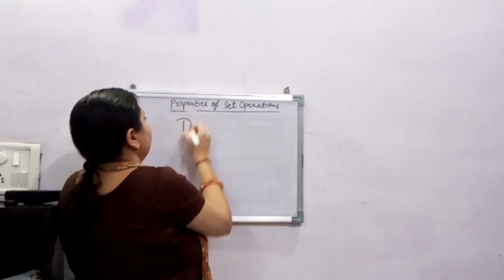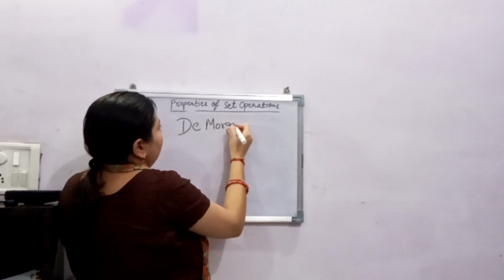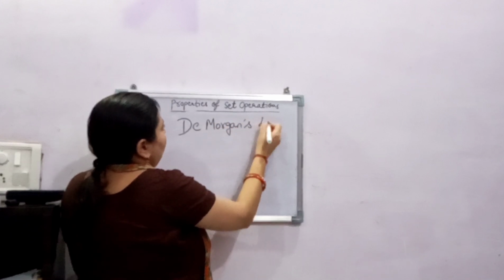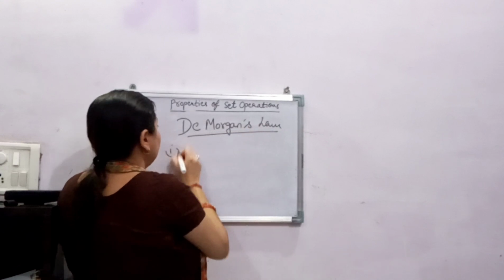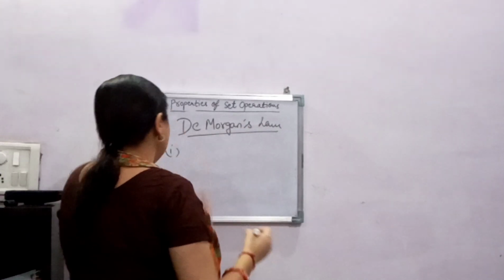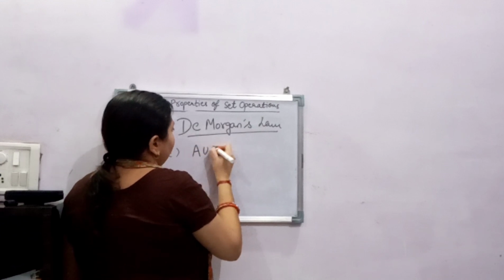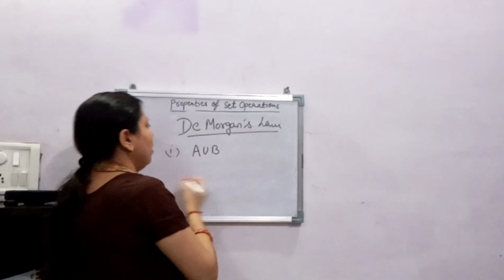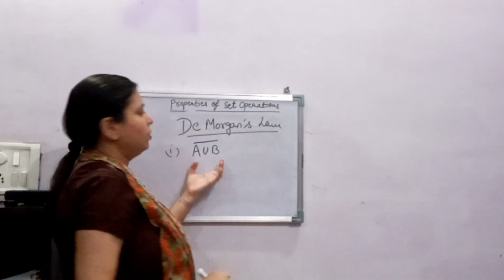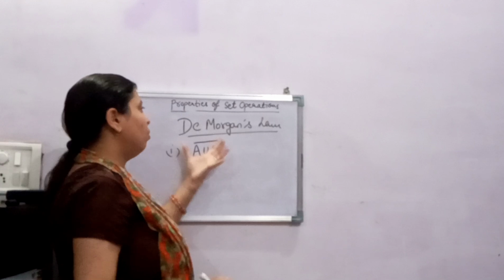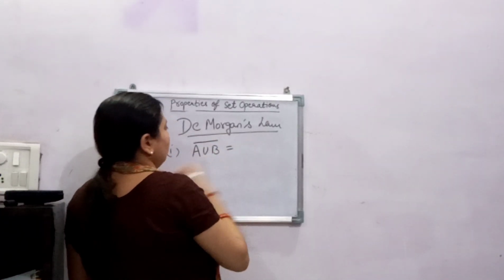Now, another very important one is De Morgan's law. What are De Morgan's laws? Suppose there are two sets, A union B, and there is the complement of the whole A union B. Then how will you open this? This is De Morgan's law.